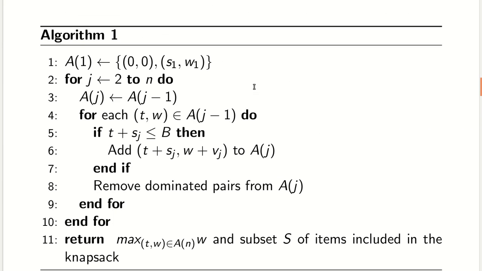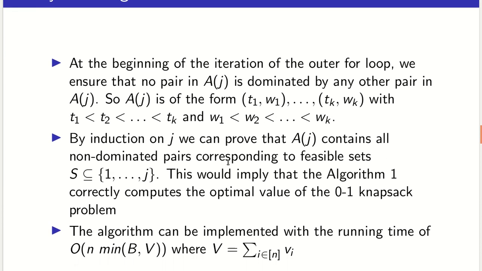For this outer loop, I mean the A_{j-1}, after the completion of the loop and when we come here, A_j has tuples of the form (t1, w1) up to (tk, wk) with t1 less than t2 up to tk and w1 less than w2 up to wk. It's quite easy to see why it will be of this form.